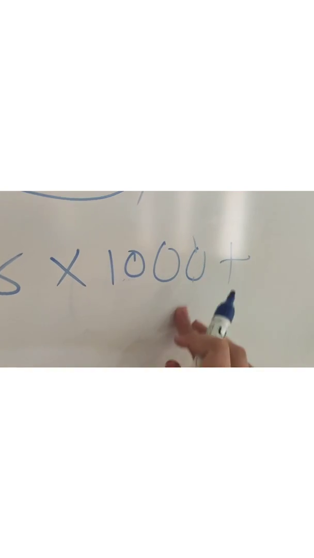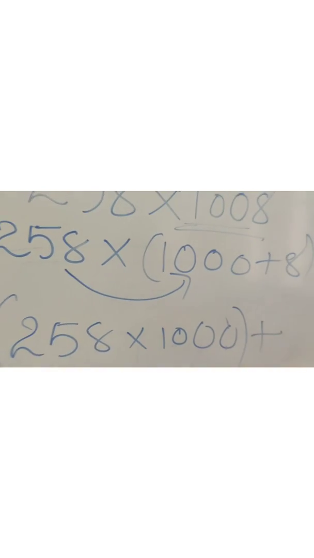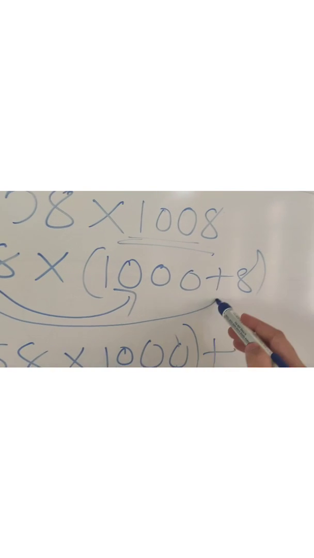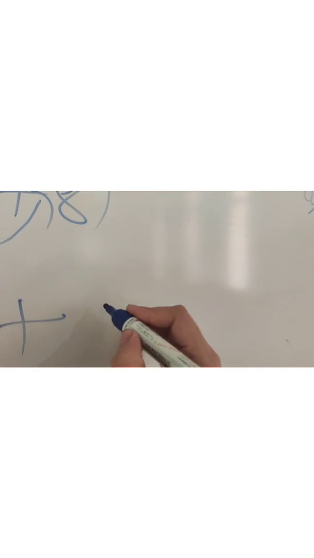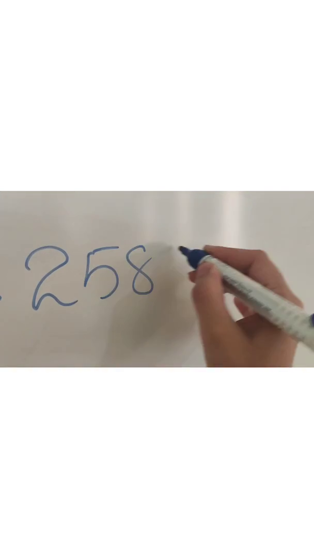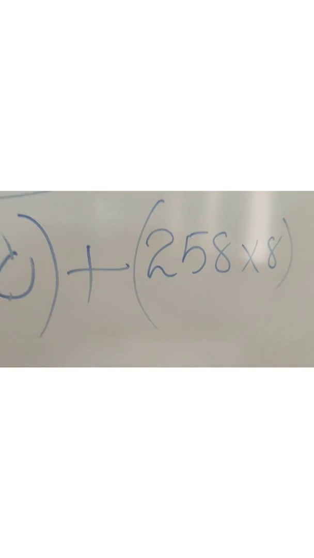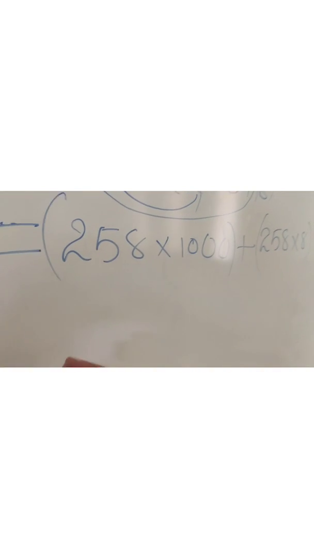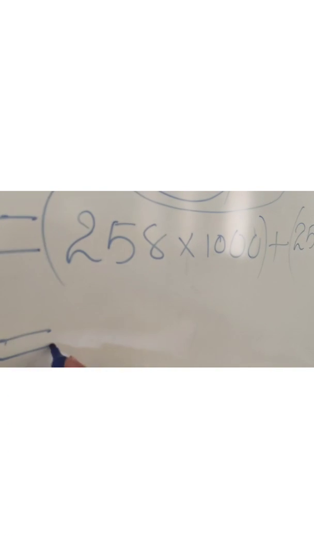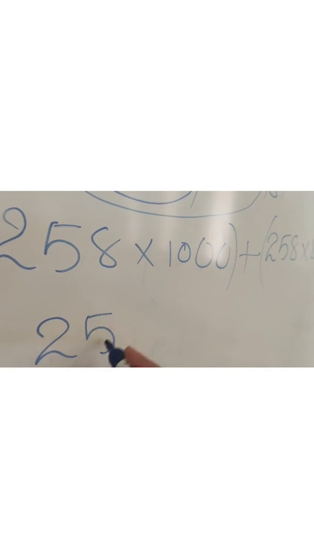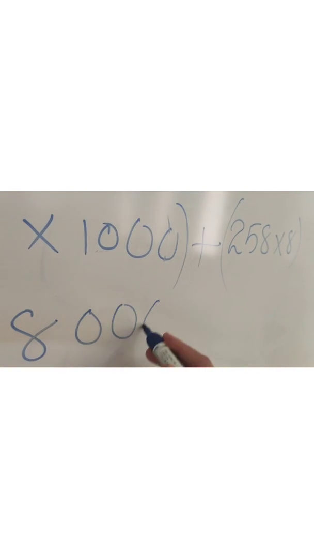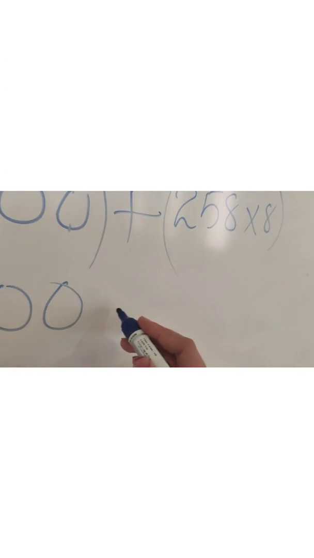And 258 multiply by 8. So 258 multiply by 8, right? Now 258 multiply by 1000. So 258 ones are 258 and 3 zeros, plus 258 multiply by 8.